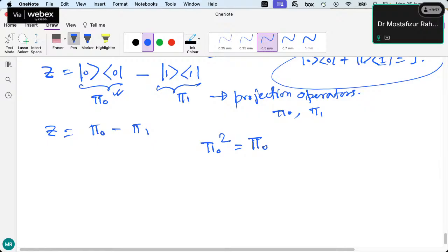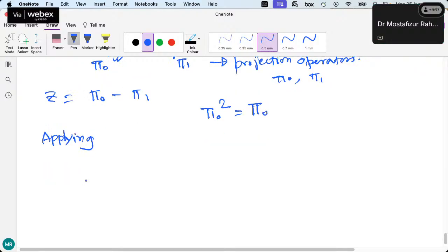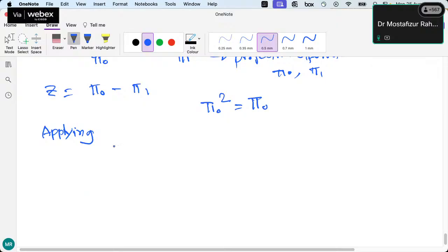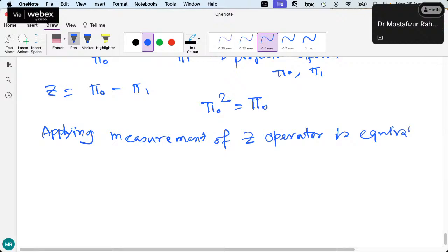So now applying a measurement of the Z operator is equivalent to asking, is the state Ket0 or Ket1?